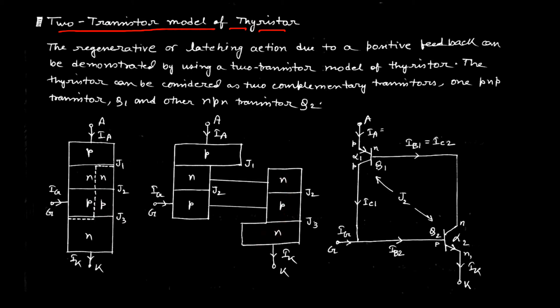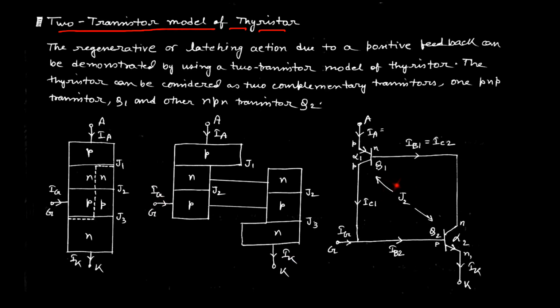transistor. And in both transistors, the junction J2 is common. IA stands for the anode current, IK stands for the cathode current, and this is the gate current.